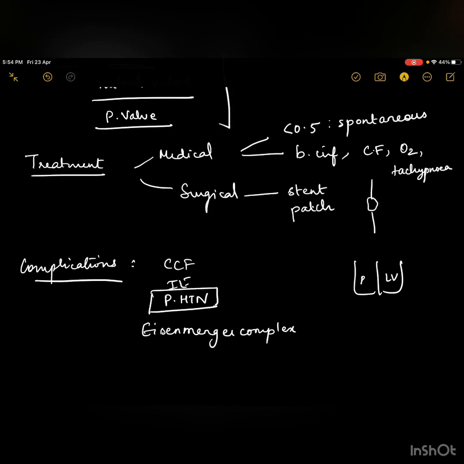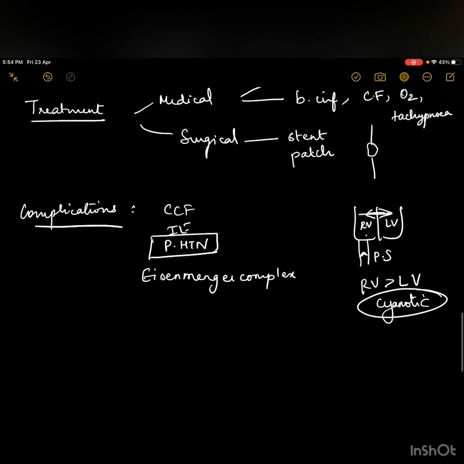This is a topic for another day totally, but in simpler terms, when the right ventricular pressure starts increasing because of pulmonary hypertension and pulmonary stenosis, the shunt which is supposed to be left to right can get reversed when the right ventricular pressure becomes greater than the left ventricular pressure, and now this can become a cyanotic heart disease. So this is a complication of VSD.